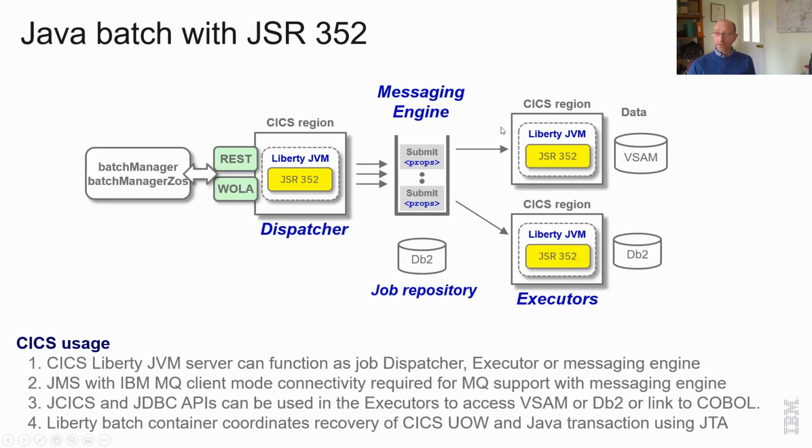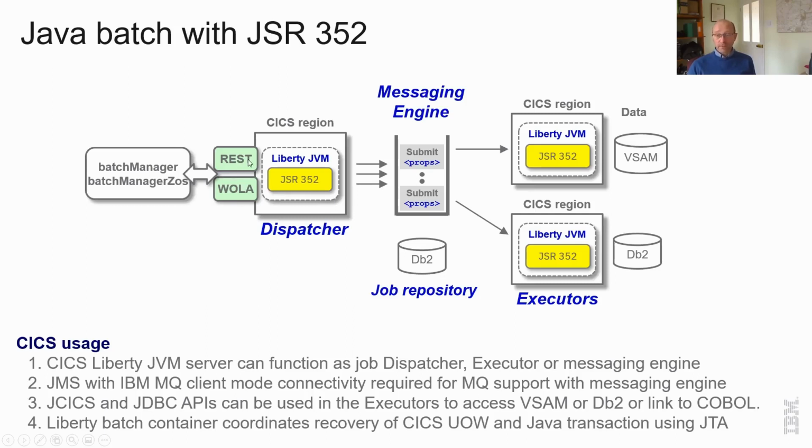You typically have your CICS regions running as executors accessing data, the Db2 or VSAM data, and they'd be running CICS programs to do that. And then you can also create a dispatcher, and a dispatcher would use a messaging engine to interact with these executors. So we've got a queue of work processed in the messaging engine.